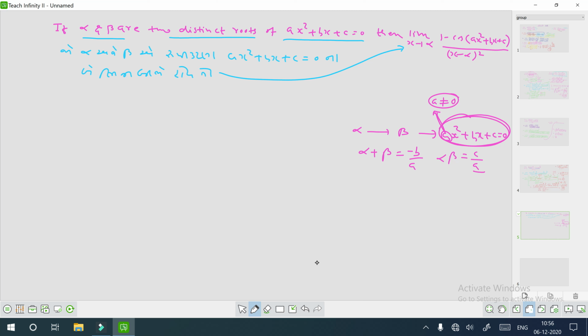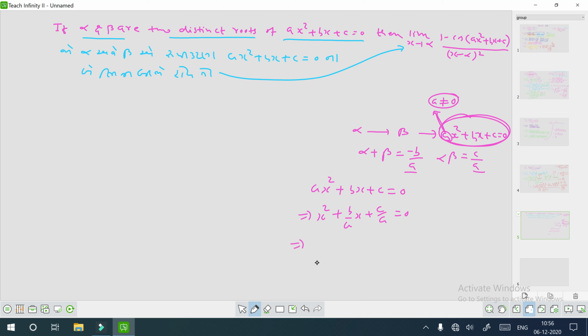So we can write this thing. Clear? Now see here. Can I write ax square plus bx plus c equal to 0 as a of x square plus b by a into x plus c by a is equal to 0? Yes.